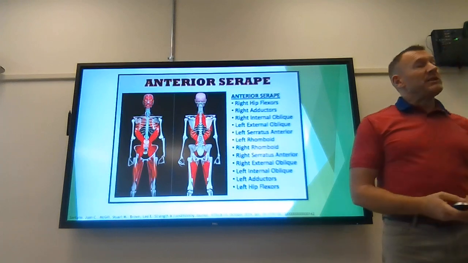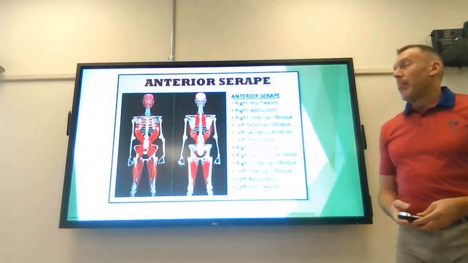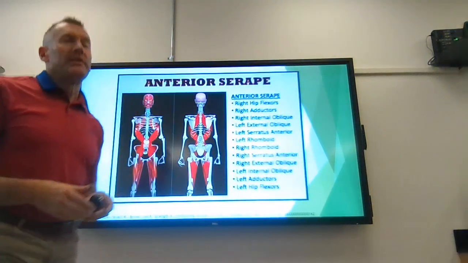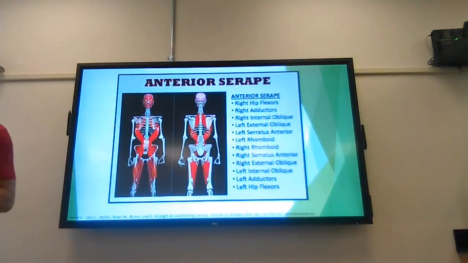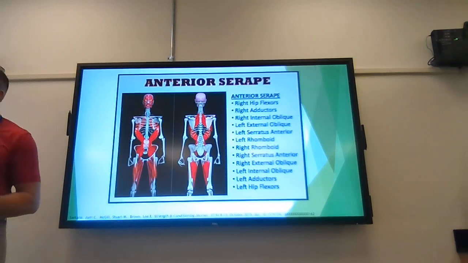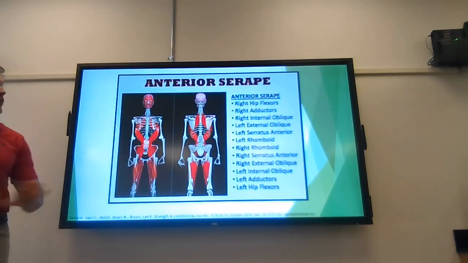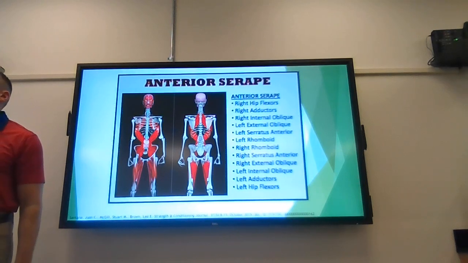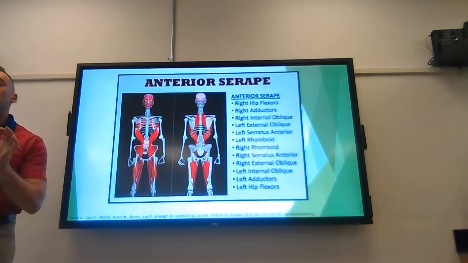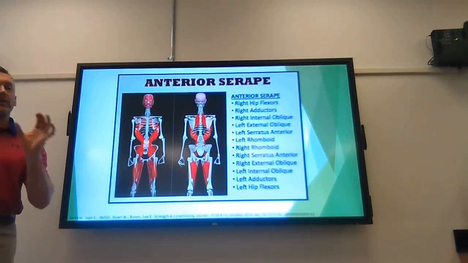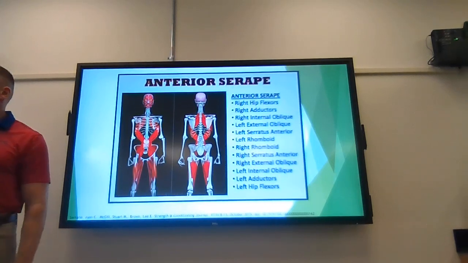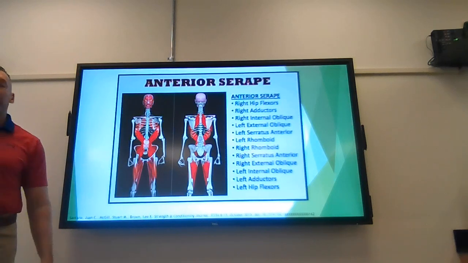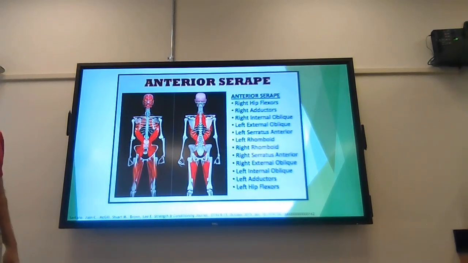The anterior serape, so the other ones you need to know. So please understand that when Santana put these diagrams in here, he was drawing with the intent of showing the connection more so than depicting the muscle accurately from an anatomical standpoint. So his goal was to show you the line of action and how it's connected for force transmission.